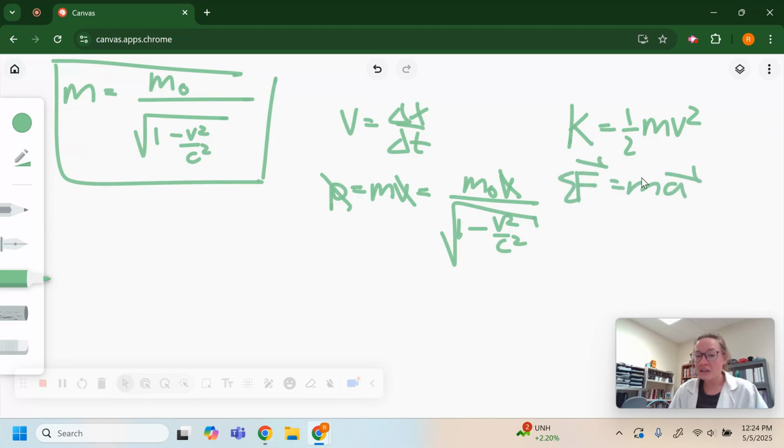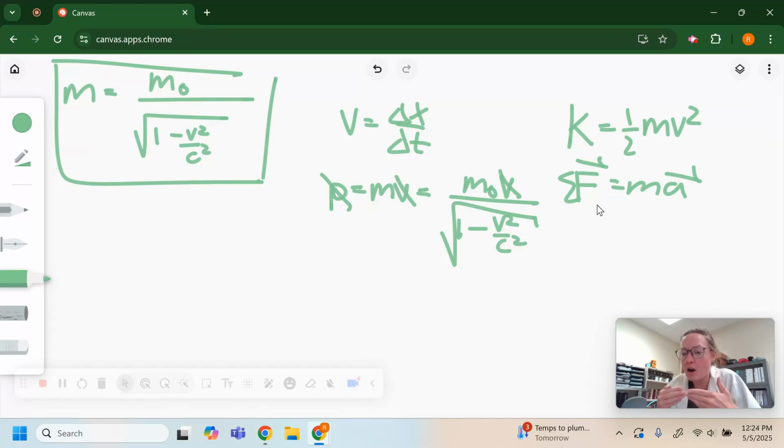If I increase the mass of an object, and I want to keep accelerating that object, I have to keep applying more force because the inertia keeps growing. To accelerate an object with very little mass takes very little force. But if I want that object to go a little bit faster, giving it more speed makes its mass more, so it's going to take more force.